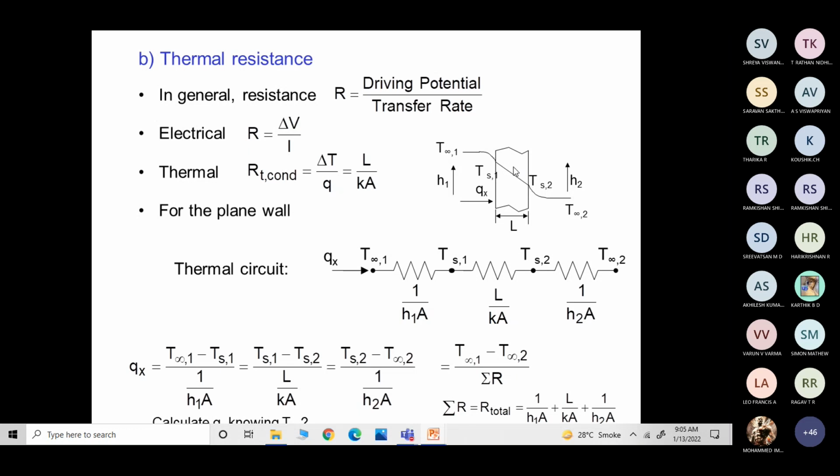By considering the wall alone, it is T1 minus T2 divided by L by KA, the conductive resistance. And when we consider the outer fluid and wall, we have T2 minus T infinity 2 divided by 1 by h2 A. When you add all these, we finally get Q equal to T infinity 1 minus T infinity 2 divided by sigma R, where sigma R is the sum of the total resistances.